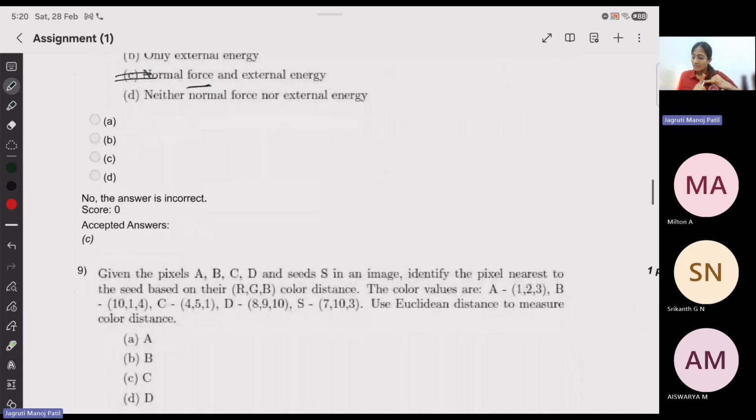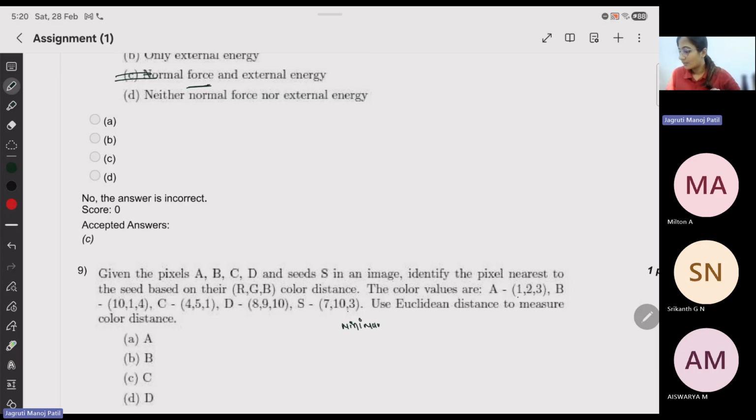Given the pixels A, B, C, D, and you have a seed S in an image. Identify the pixel which is nearest to the seed in terms of RGB colors that you have been given. A is this, then B, C, and D, and you also have the seed S. Use Euclidean distance to measure color distance. So you need to find the pixel which is nearest to the seed, that means you need to see where it is minimum.